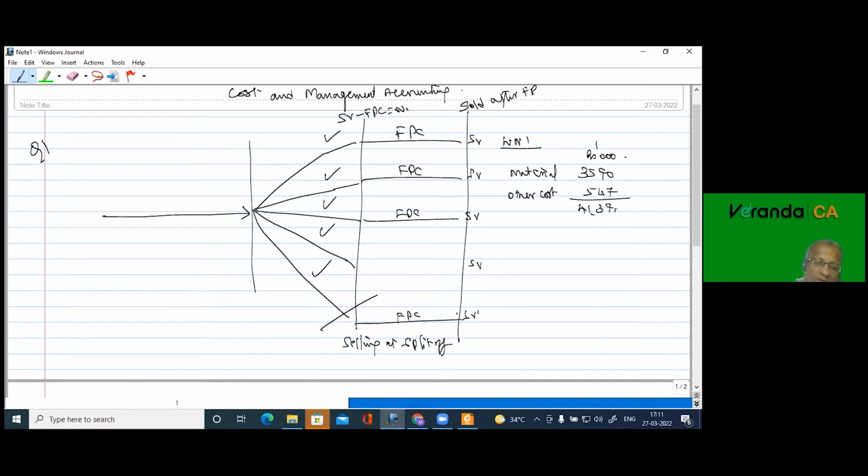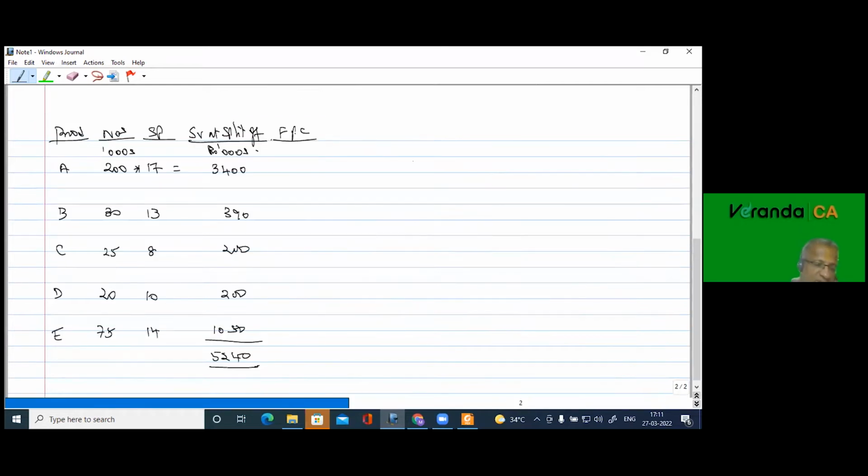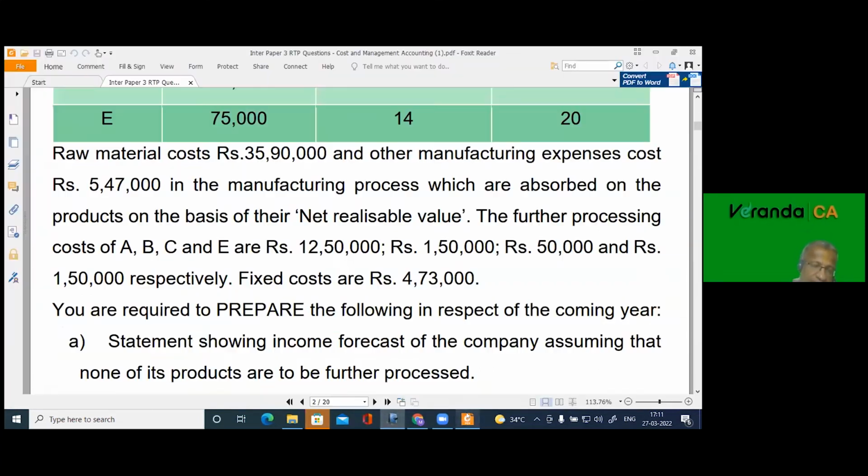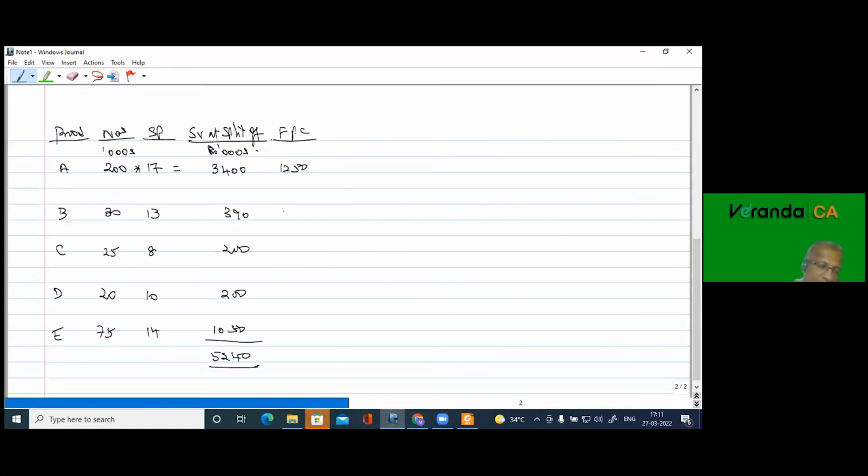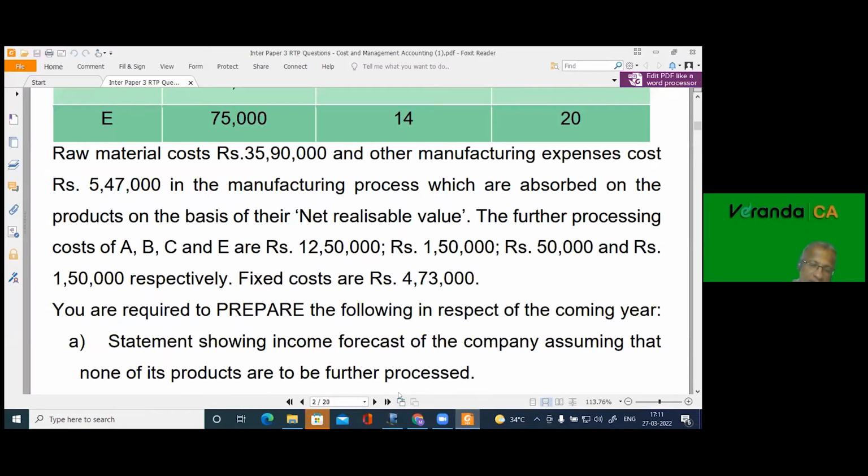Initially, I may have created a wrong impression, and I wanted to correct it at this point. 1250, 150, 50 and 1.